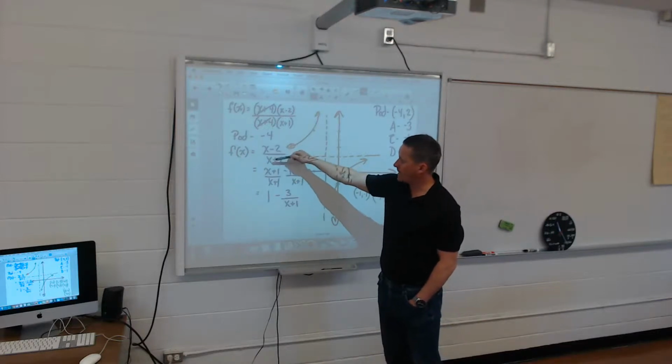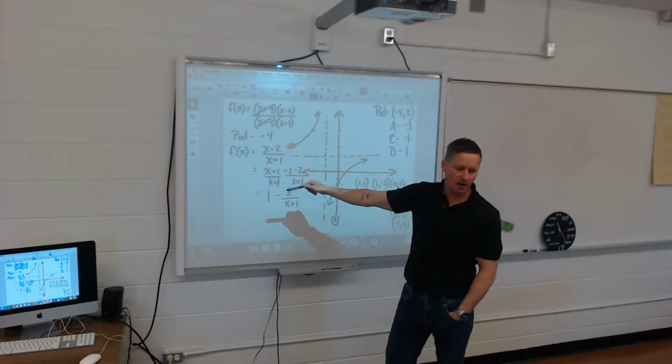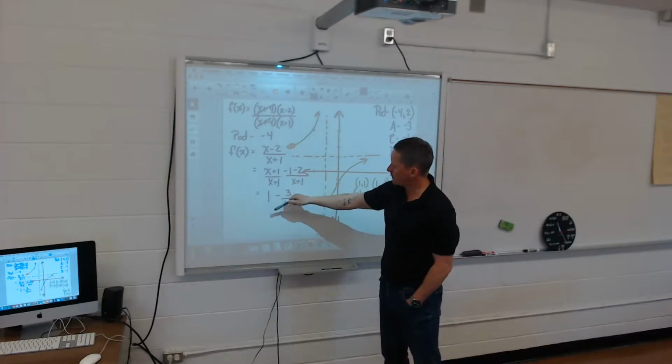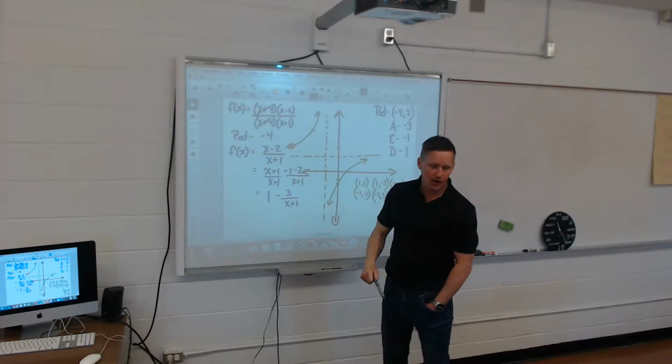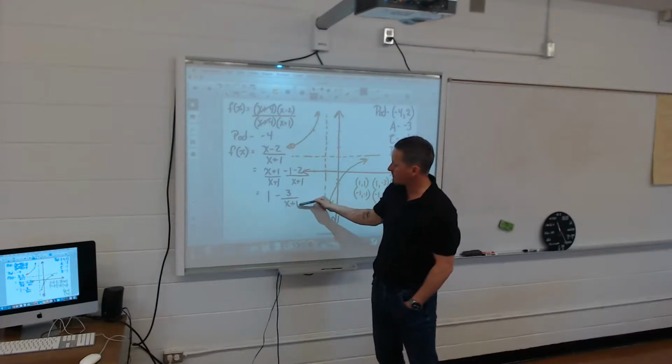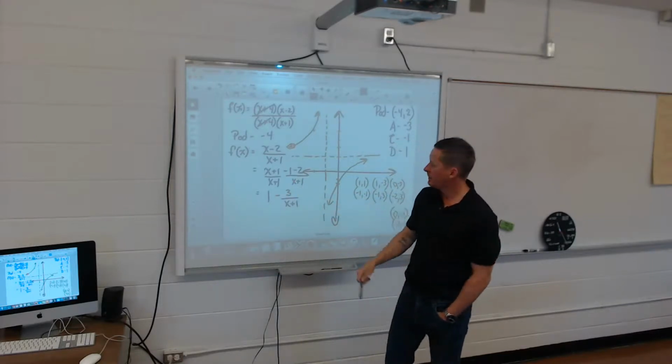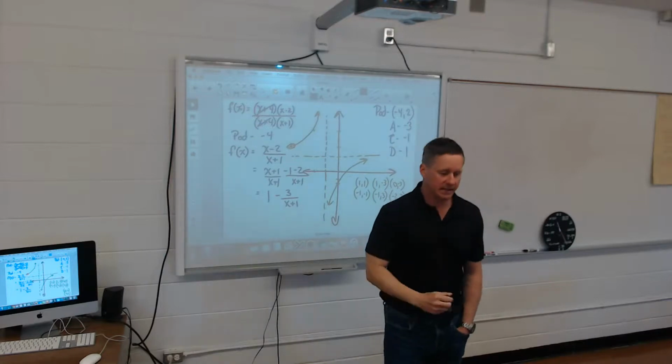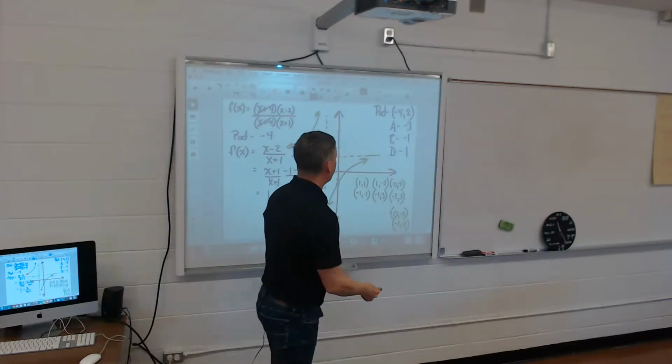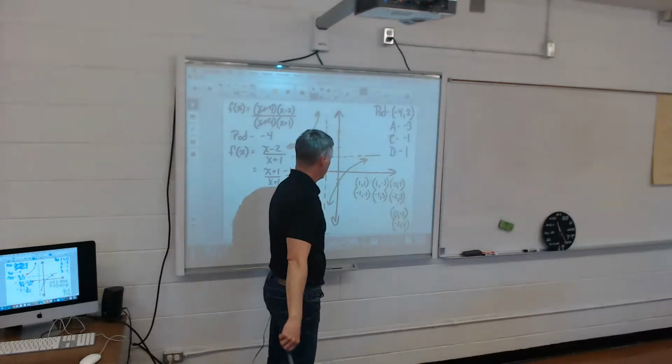So I add 1 and subtract 1 so that I can cancel my denominator out. So I'm left with that equation right there, which is a over x minus c plus d. I write down what my a, c, and d is, as well as my point of discontinuity.